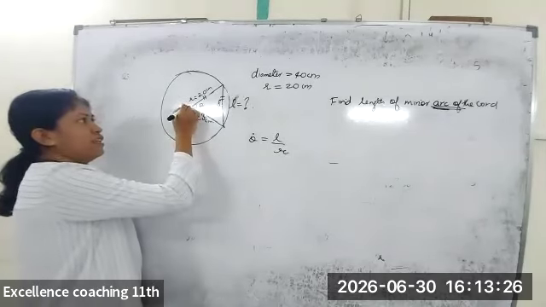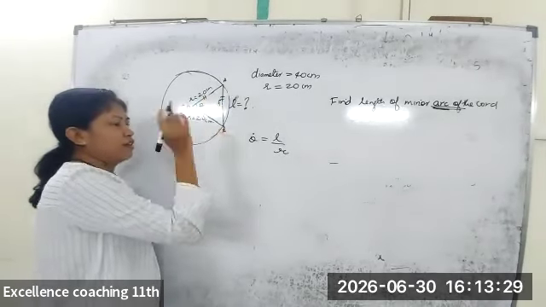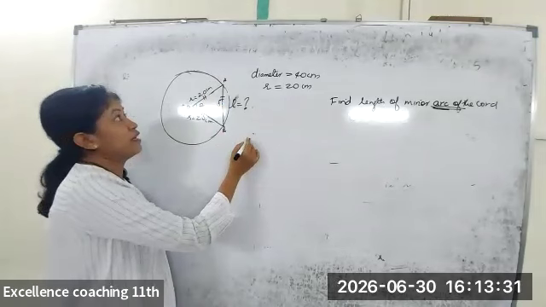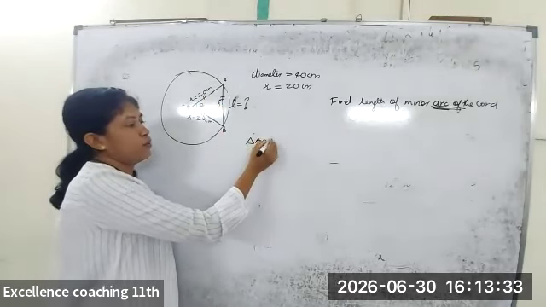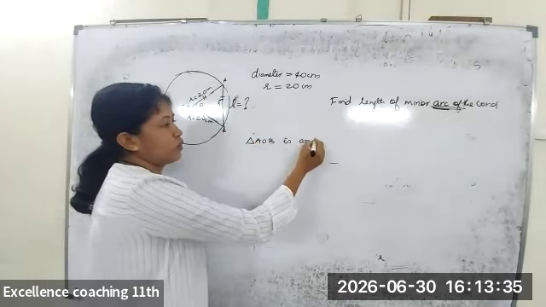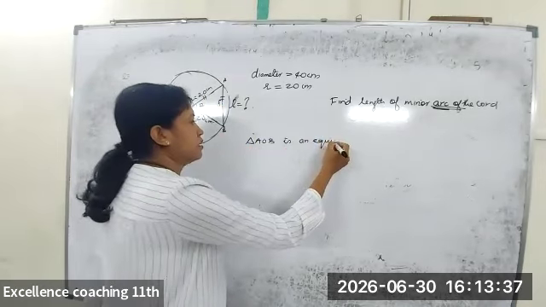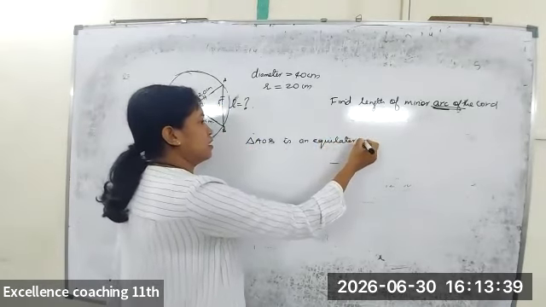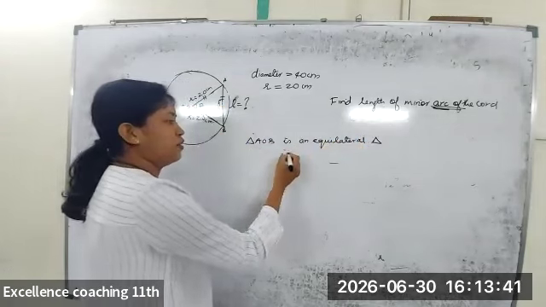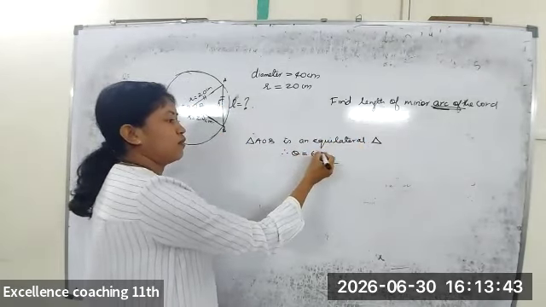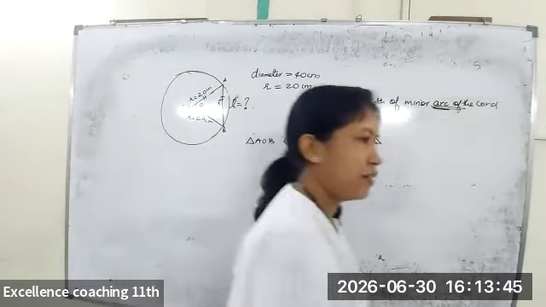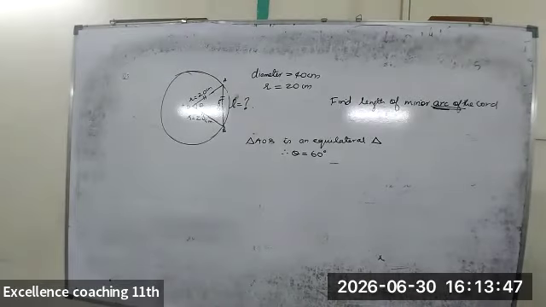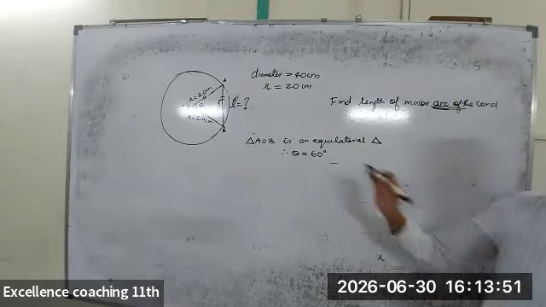So you can name it AOB. First you can write triangle AOB is an equilateral triangle. Therefore, all angles will be 60 degrees. 60, 60, 60.